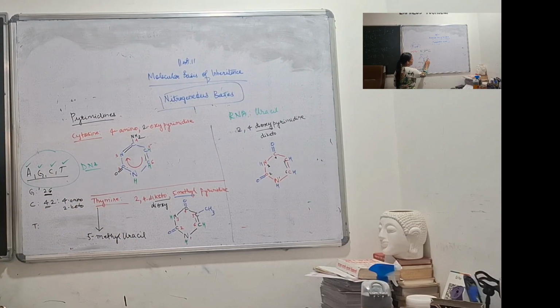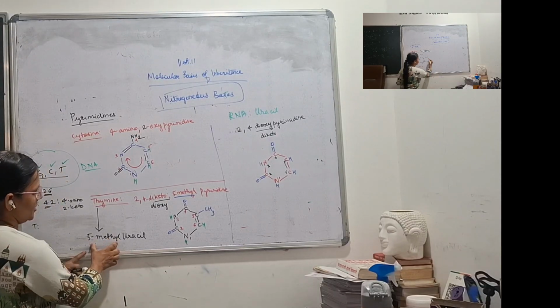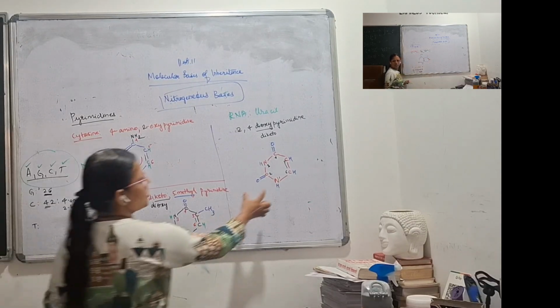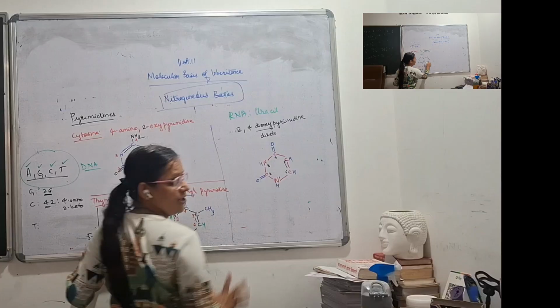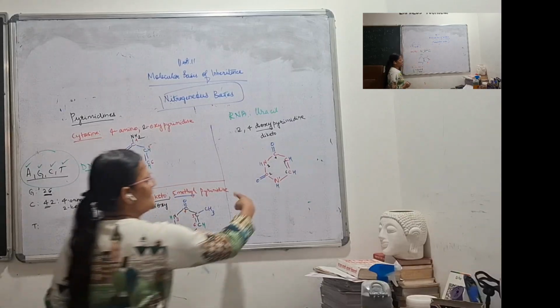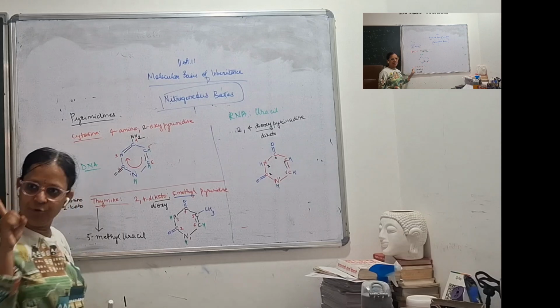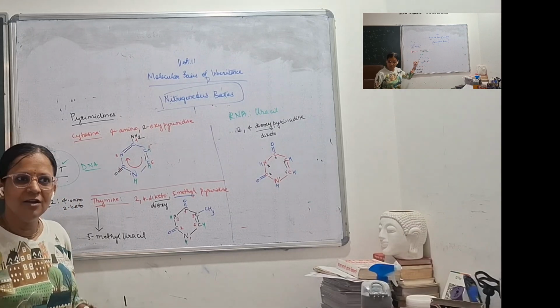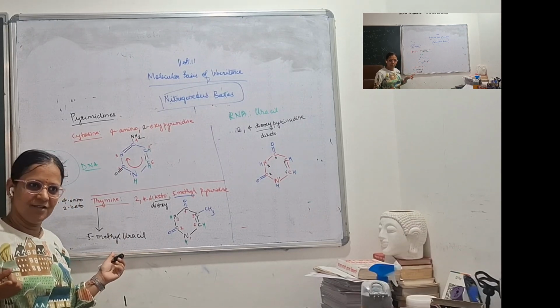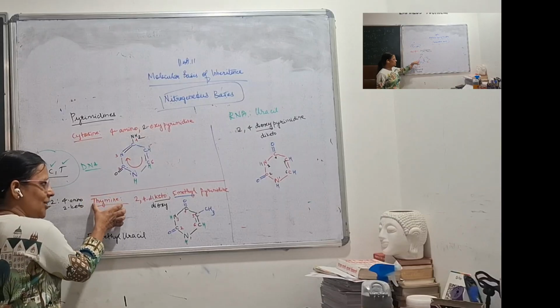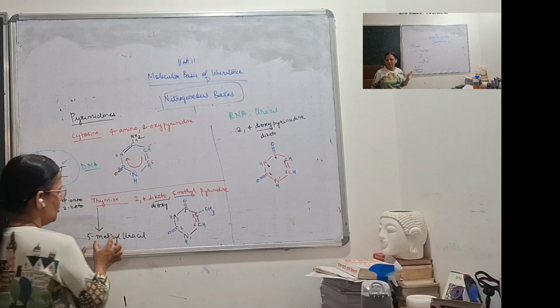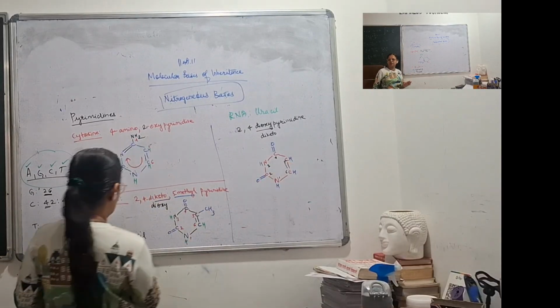You are getting my point? Uracil is 2,4-diketo. So to this uracil, if I just add a methyl group on the 5th position, it will become thymine. Isn't it? So I can name thymine as 5-methyl uracil.